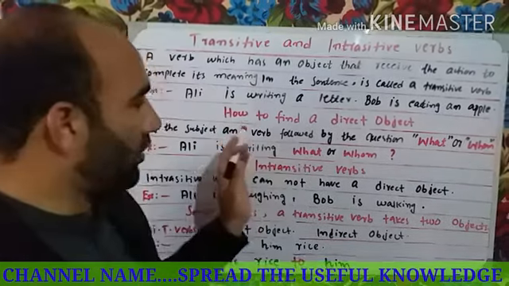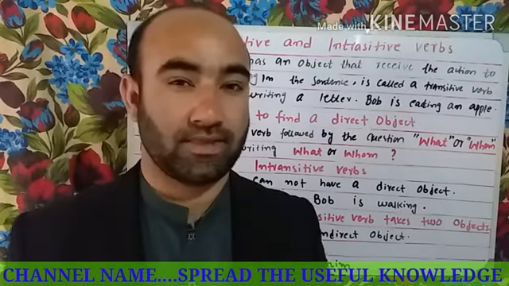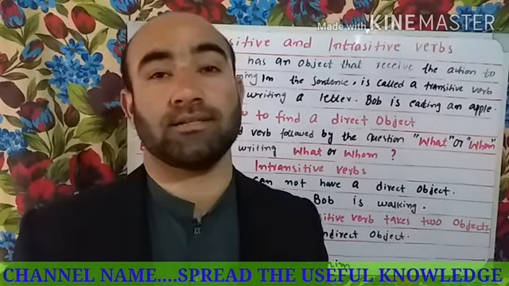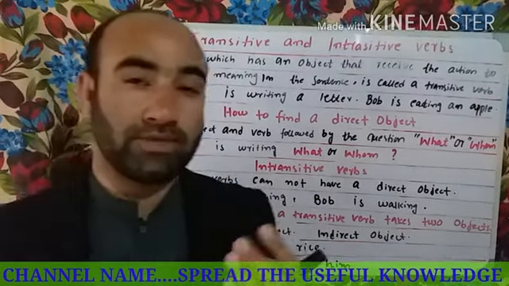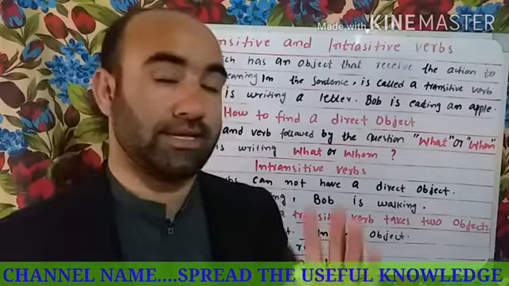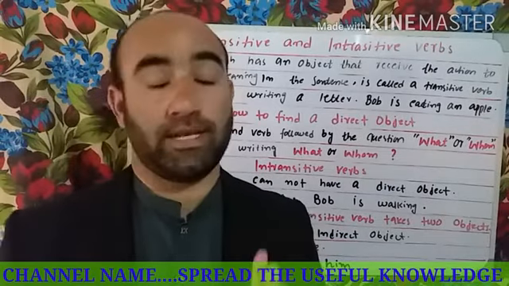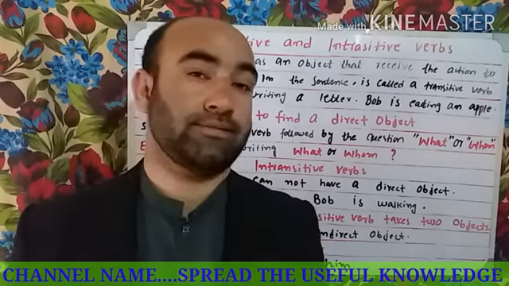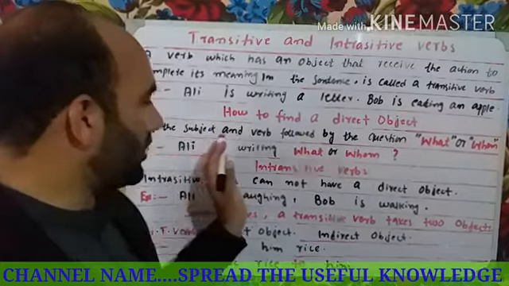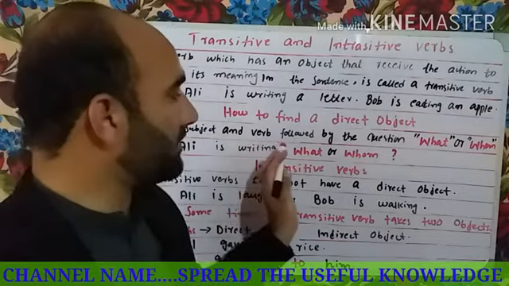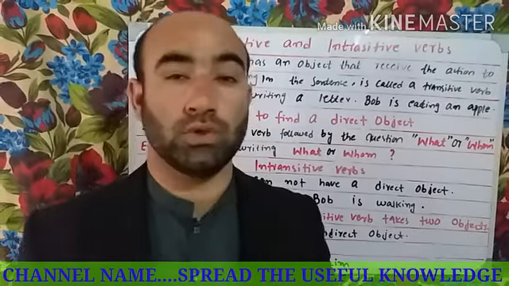Now we have to know how to find a direct object. One of the best solutions is given here. Say the subject and verb followed by the questions what or whom.